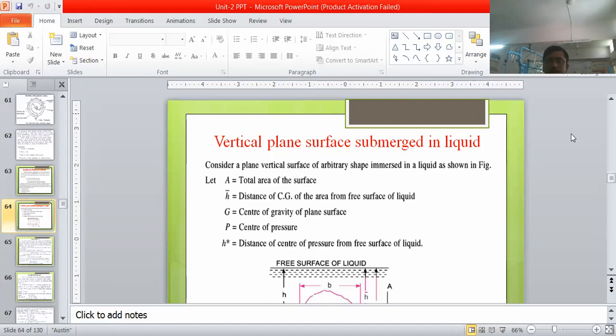This is not good. I will open the PDF. It will be visible.